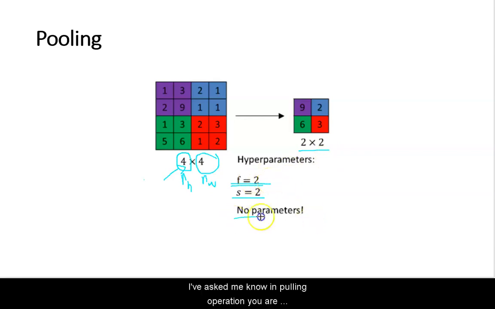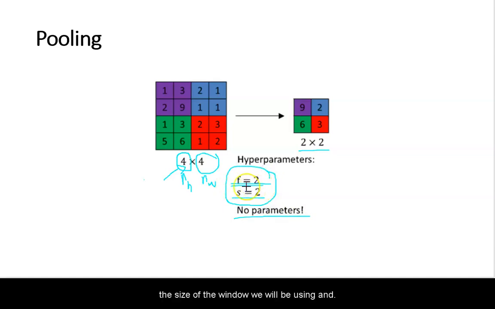And as we know, in pooling operation, your convolutional neural network does not have to learn any parameters, because basically it requires only hyperparameters, which is the size of the window we will be using and the stride value.